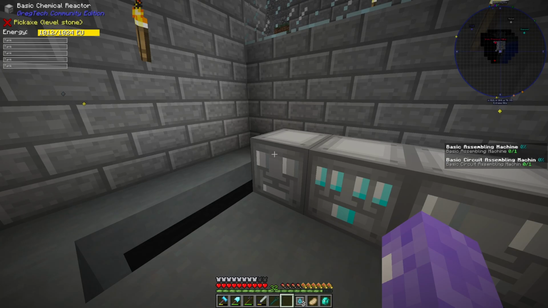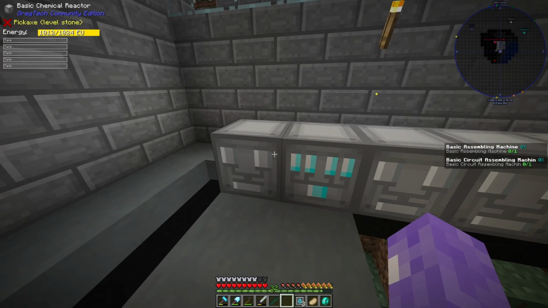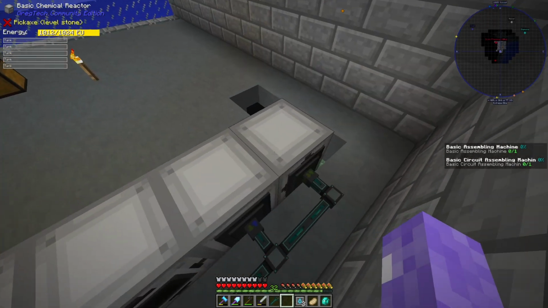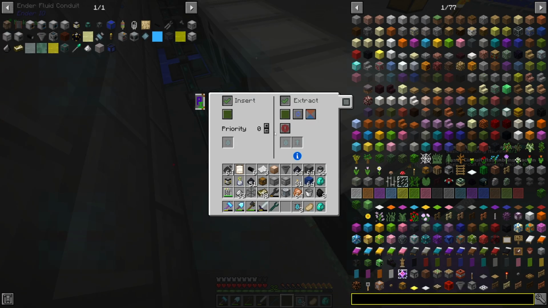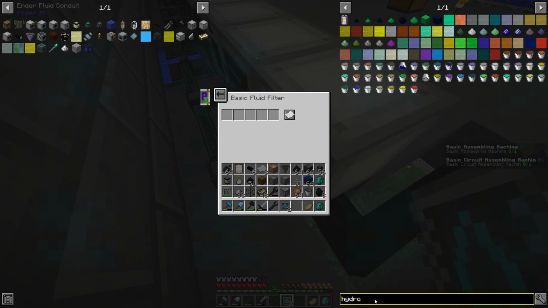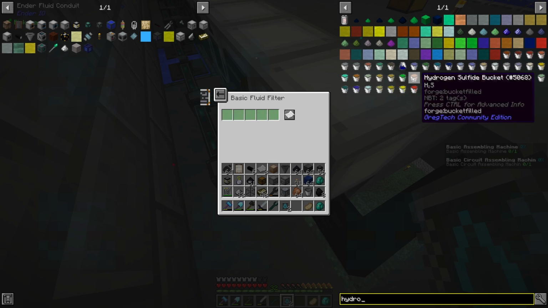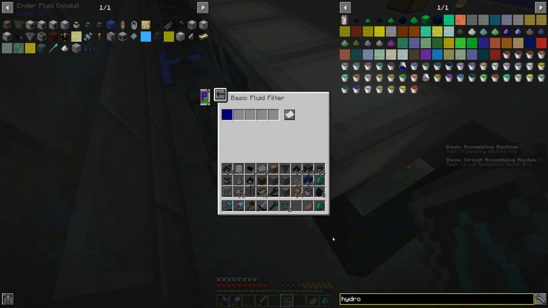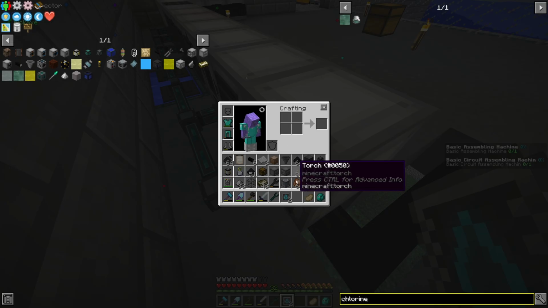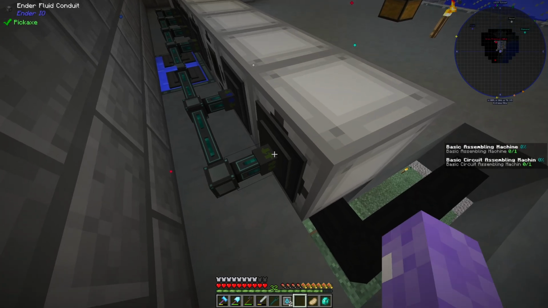This chemical reactor is going to be taking hydrogen and chlorine to make the hydrochloric acid. So we need an input filter for hydrogen. This is the hydrogen. Hydrogen and chlorine. Okay, and we're going to have to manually move the chlorine at first, but it should be able to loop that out as well.